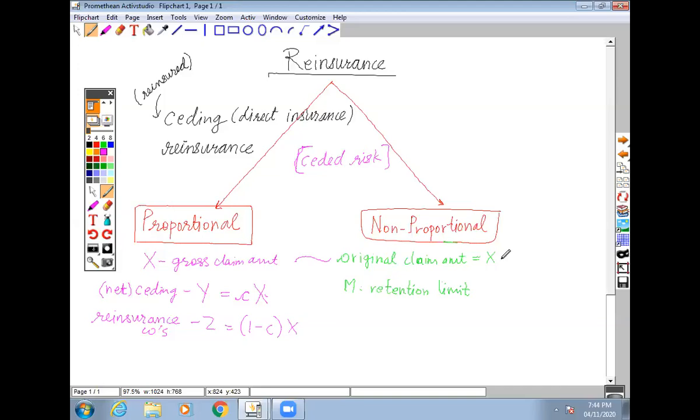Exactly. So it can and cannot be the case, it depends on what kind of contract they have. As he just rightly said, some proportion of the premium that these companies have received initially might be transferred to the reinsurance company, or it might be some certain amount, or it could be something else as well, depending on how they form the contract and what suits their purpose the best.